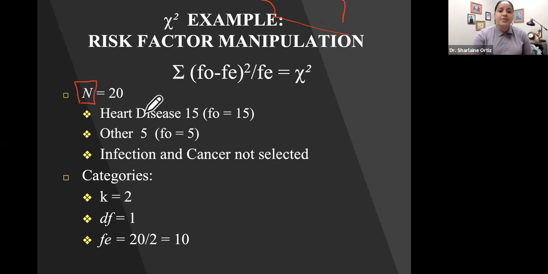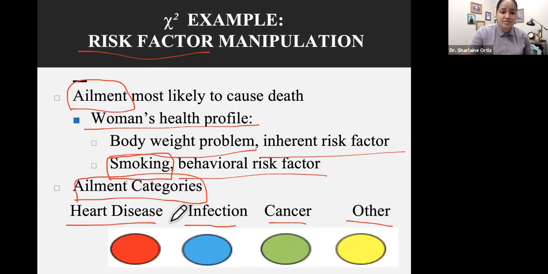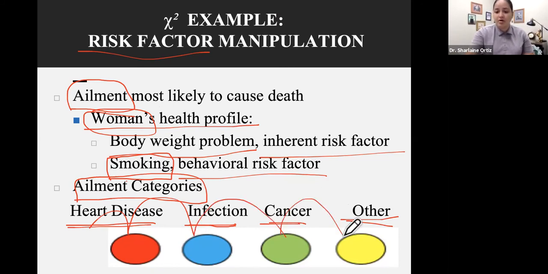In this study, we're going to test whether these risk factors make me more prone to having heart disease, infection, cancer, or other, related to a second factor, which in this case is my sex, whether I'm a man or a woman. If it makes me more prone, there's more of a tally, more women are more likely to be part of each.